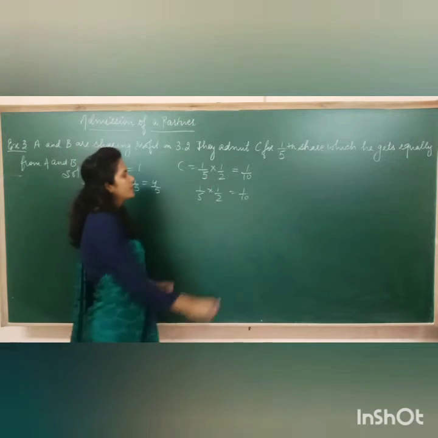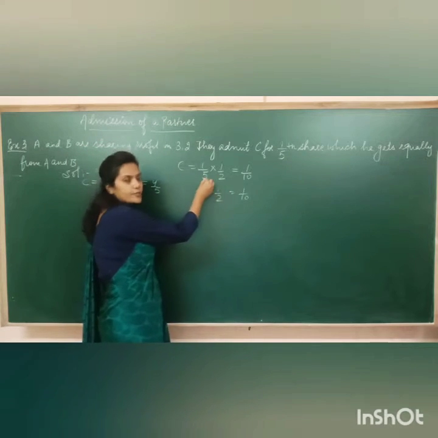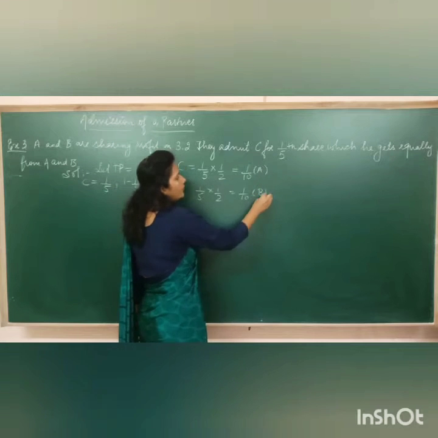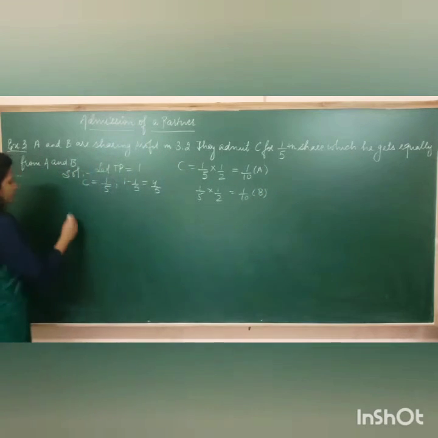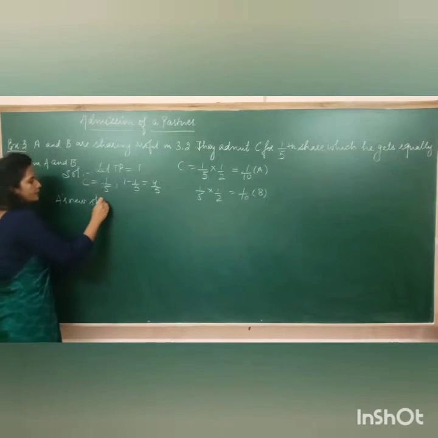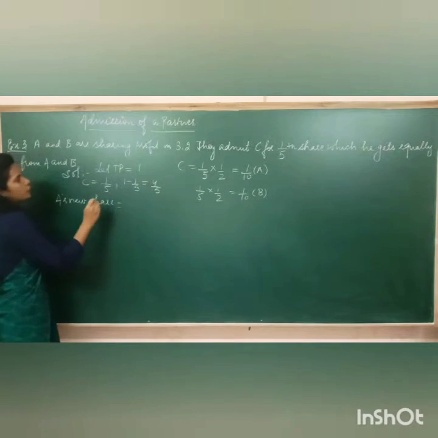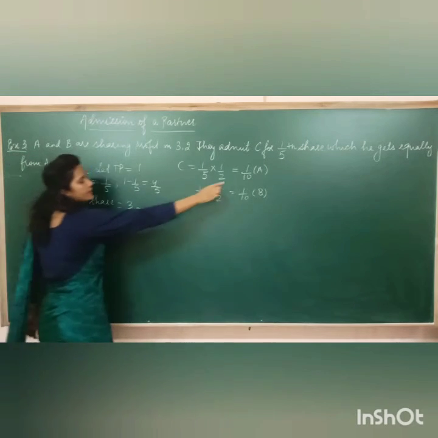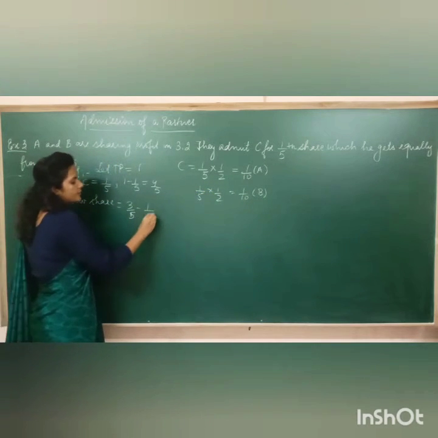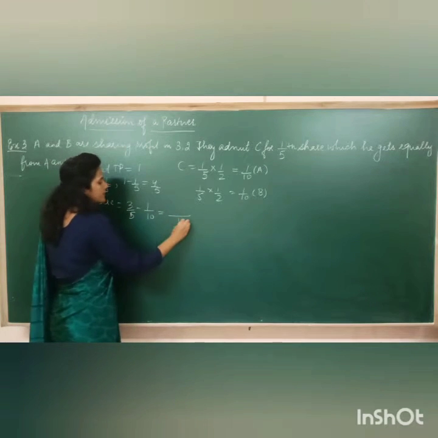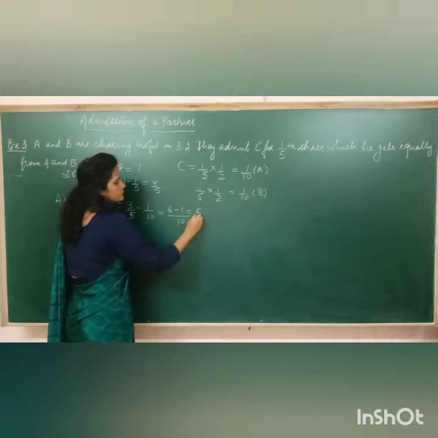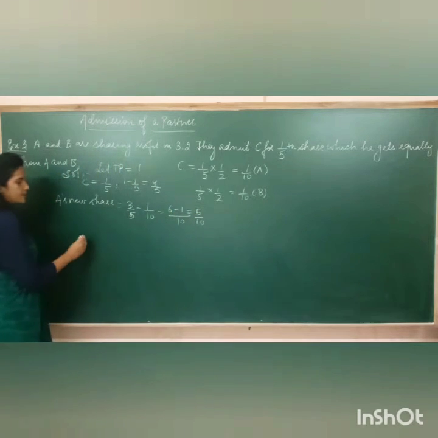Means 1/10, or you may say half of this share C is taking from A and half from B. Now if I would like to calculate A's new share, what do I have to do? A's old share is 3/5. A has given 1/10 to C. It means now A is left with 5/10.